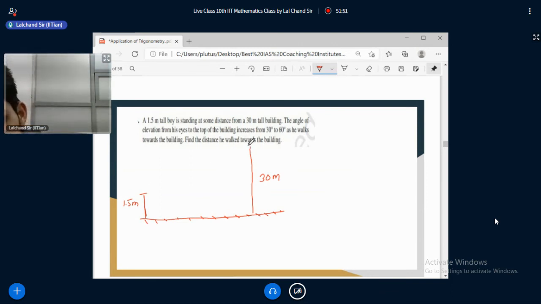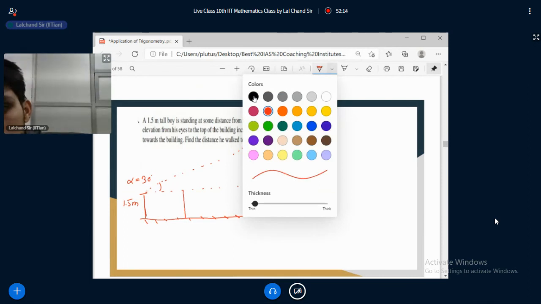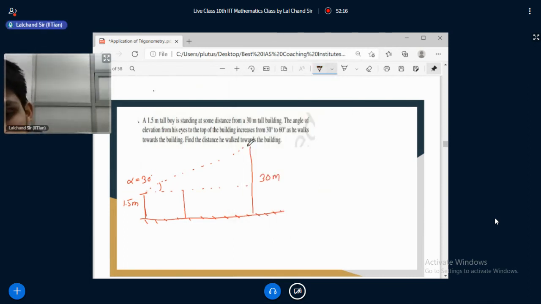So let's suppose at this point, this is the angle of elevation. Okay. So if we make a horizontal line, then this angle is 30 degree. This first angle, let's suppose this angle is alpha. And if we walk towards the building to this position, let's suppose, this angle of elevation is 60 degree.